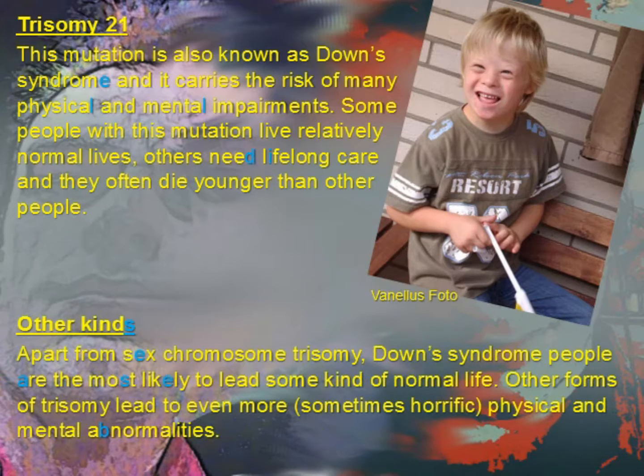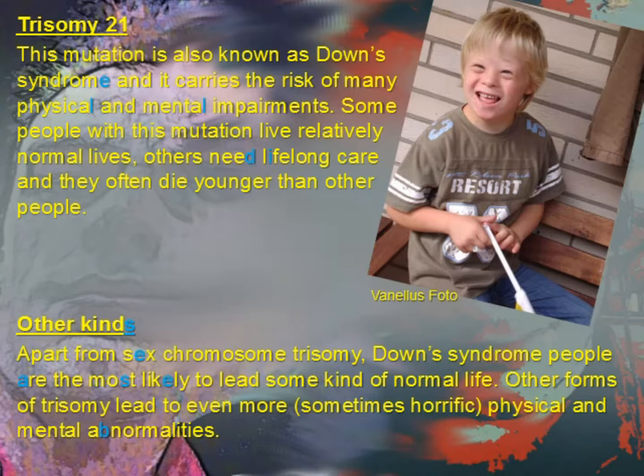Other kinds of trisomy will cause more problems to the development of a fetus, and so Down syndrome people are the most likely to lead some kind of normal life, with one exception, and those are the people who have a duplicate of chromosome 23.